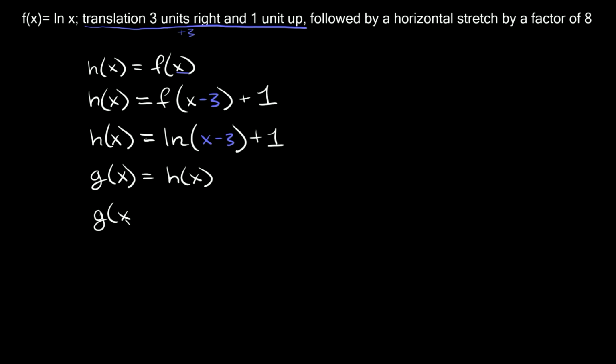So we're going to say that g of x is equal to, let's see, it says followed by a horizontal stretch by a factor of 8. So whenever it says a horizontal stretch or shrink, you're going to multiply this number inside this set of parentheses over here, okay? And the other thing is, when it's a horizontal stretch or shrink, you actually take the reciprocal. So we're not going to plug in 8.